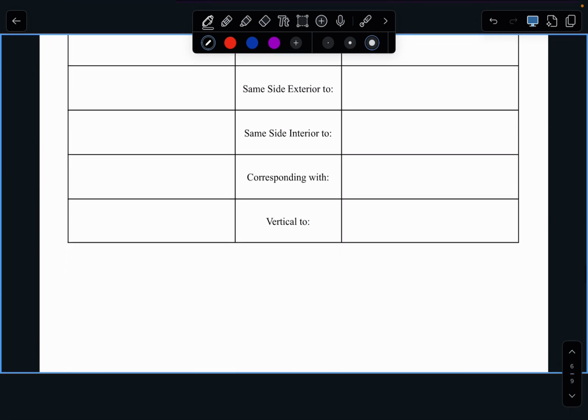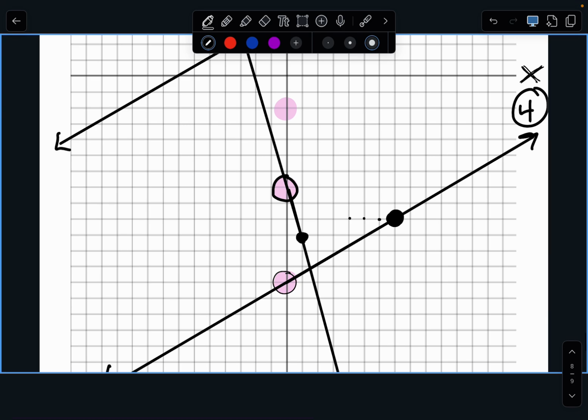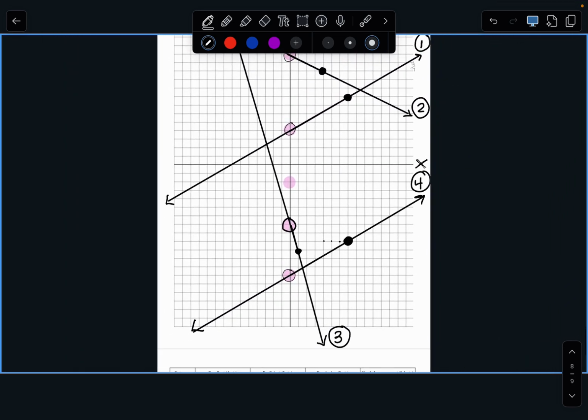So when I go back to my graph, I'm going to use my dot that's left, and I'm going to start there and go with that slope of 2 over 1.